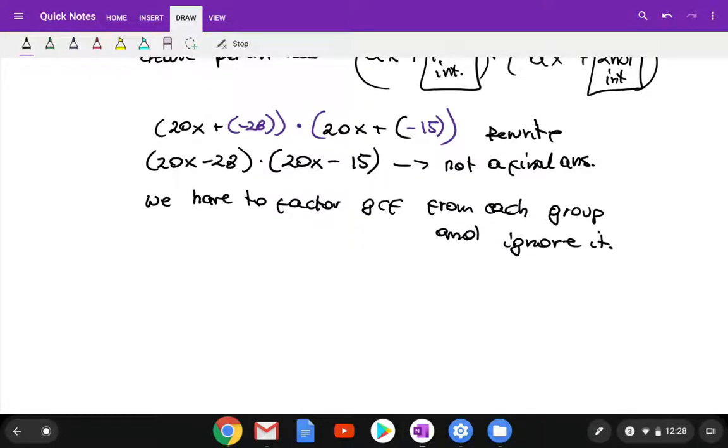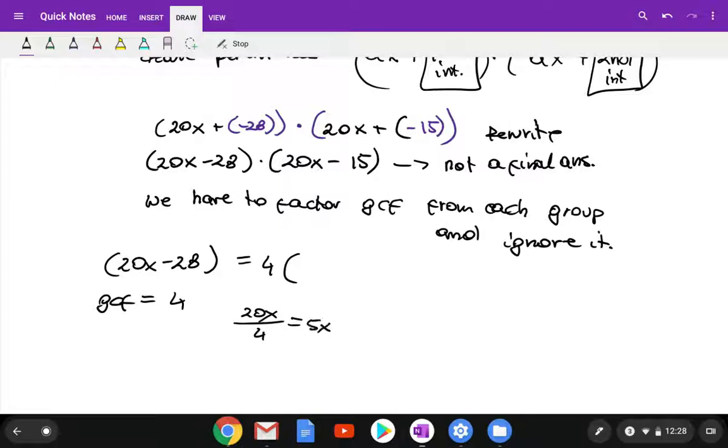The first group is 20x minus 28. GCF here is equal to 4. So we take that 20x, we divide by 4, we end up with 5x. That 5x goes here. And then you take negative 28, you divide by GCF, which is 4, and we end up with negative 7, which goes here.